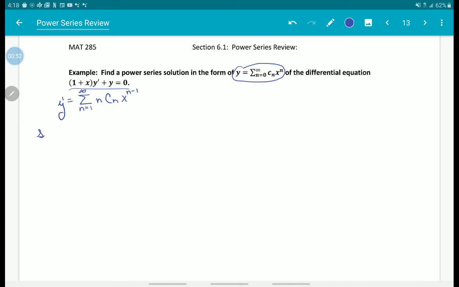So if we make our substitution, I'm going to have 1 plus x times our y prime plus our y, and that's going to be equal to 0.